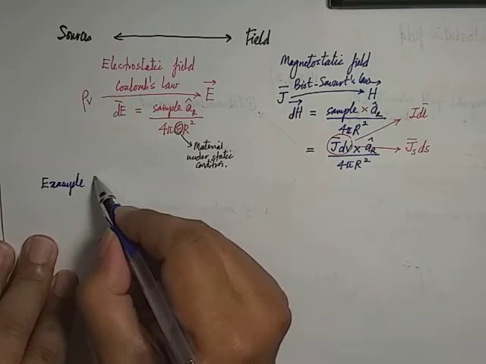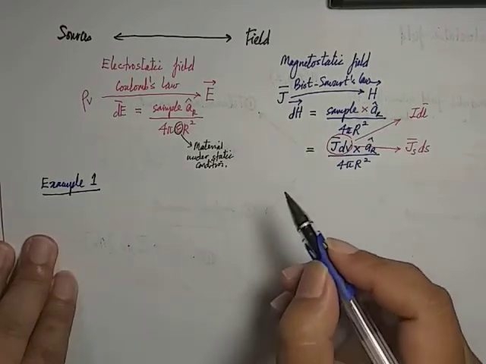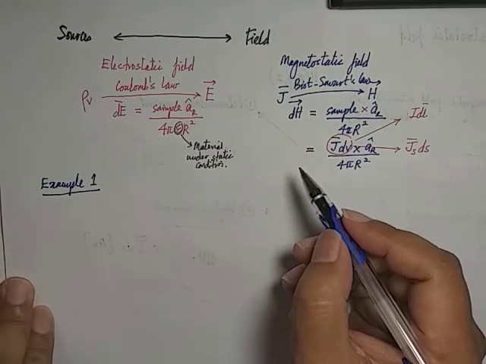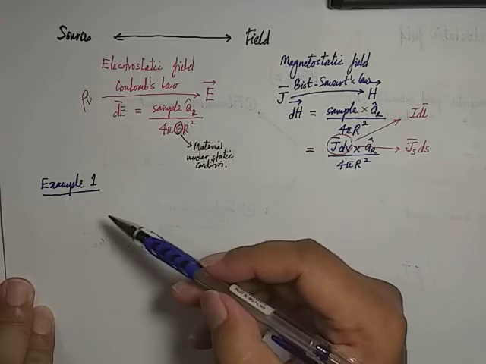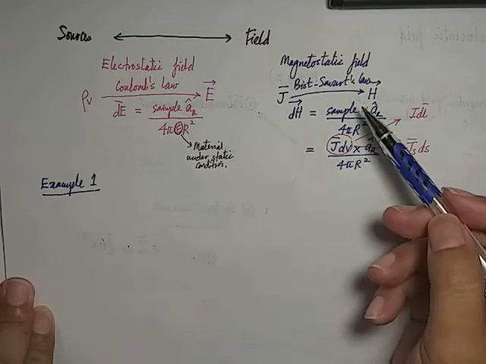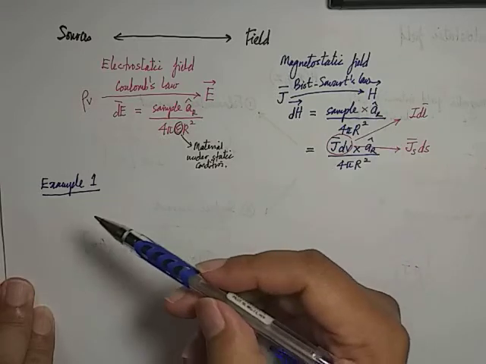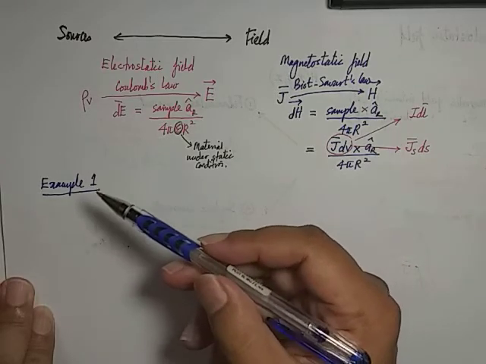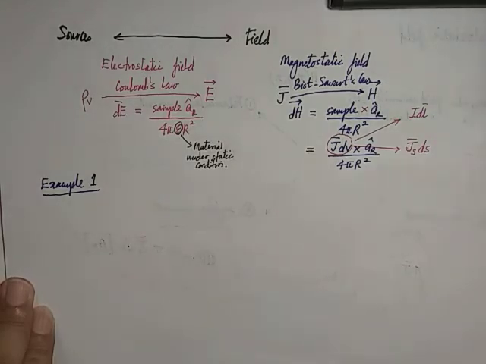So my example one is going to be the same as our example one in Coulomb's law. In terms of the shape of the source, example one for Biot-Savart law is going to follow the same pattern as our example one in Coulomb's law. I think you can guess what it's going to be. So let's do that now.